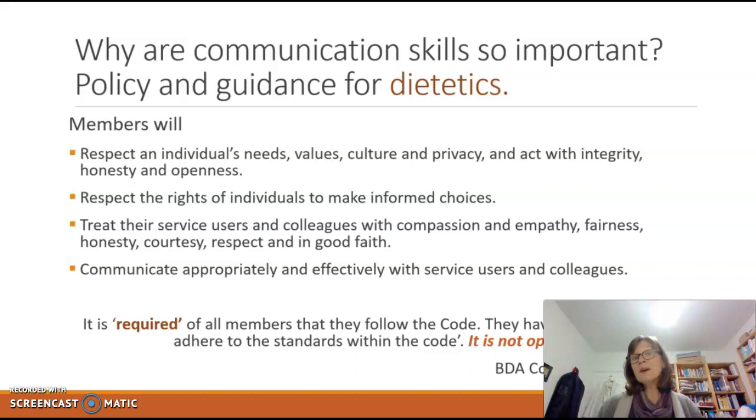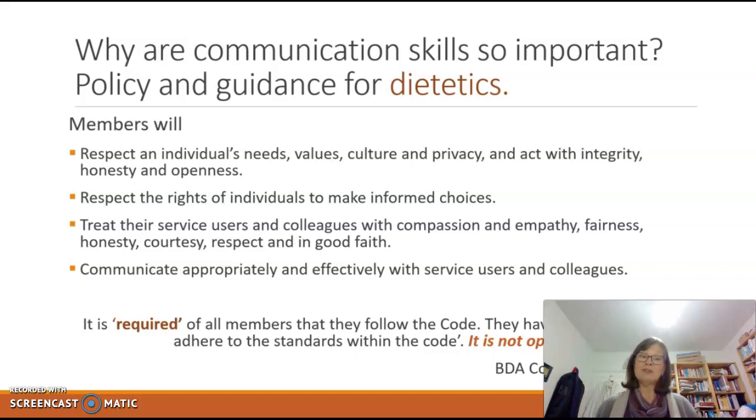And that choice might be not following your advice. So we've got to be mindful of that. Not everyone's going to do what we hope they would do, or what we think would be in their best interest health-wise. We've got to treat everybody that we come across with compassion, empathy, fairness, honesty, courtesy, etc., and communicate appropriately. Service users and colleagues.